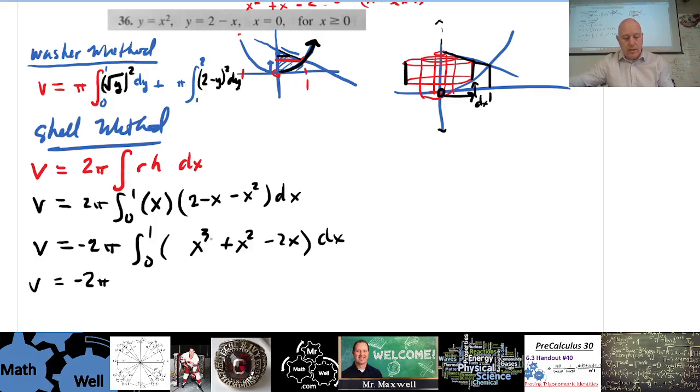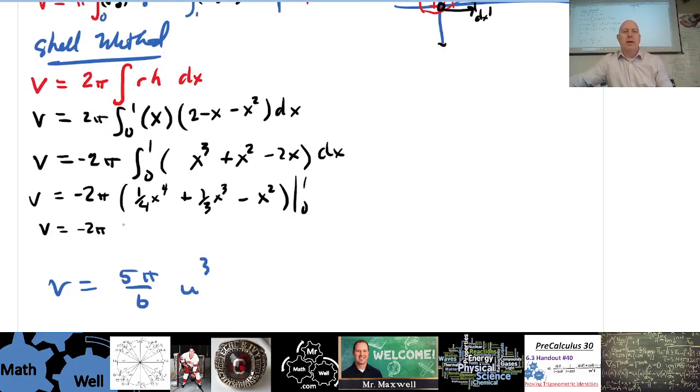Okay, so this is going to be 1/4 x to the 4, plus 1/3 x cubed, minus x squared. We're going to take that from 0 to 1.